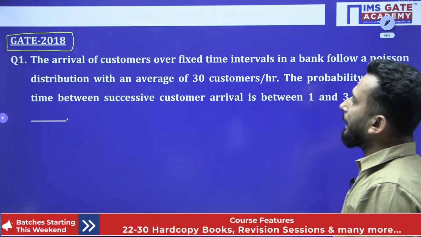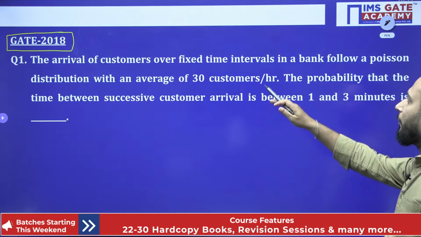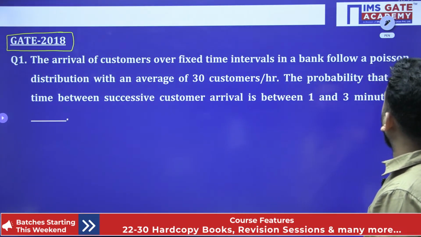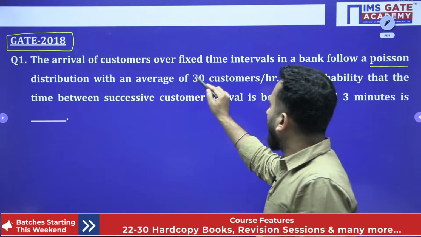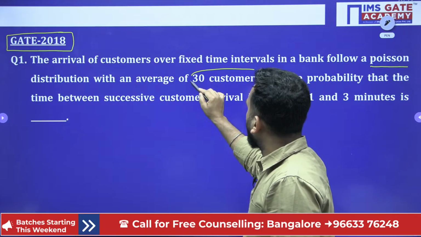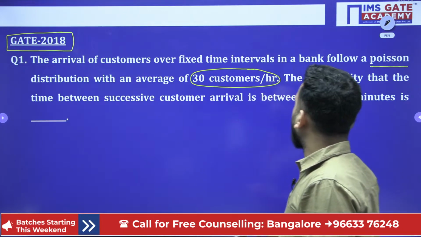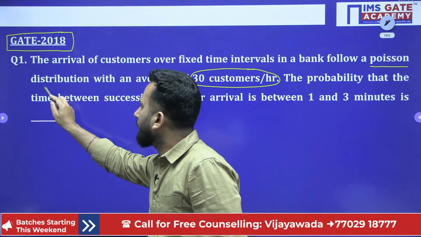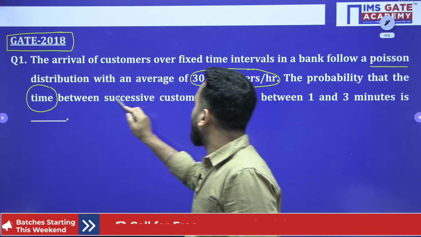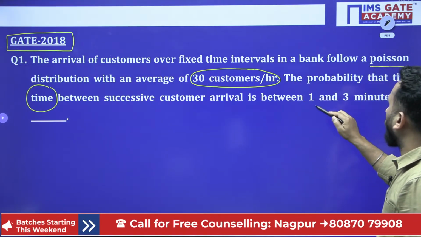The question says the arrival of customers over fixed time intervals in a bank follows a Poisson distribution, with an average of 30 customers per hour. The probability that the time between successive customer arrivals is between 1 to 3 minutes.